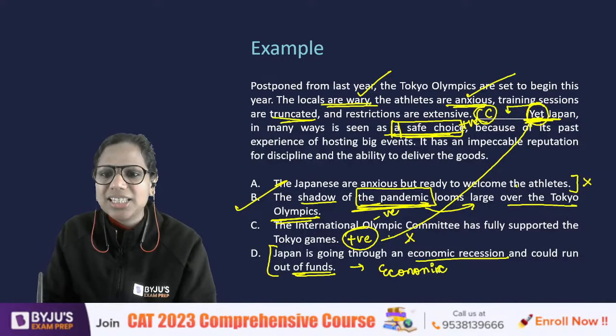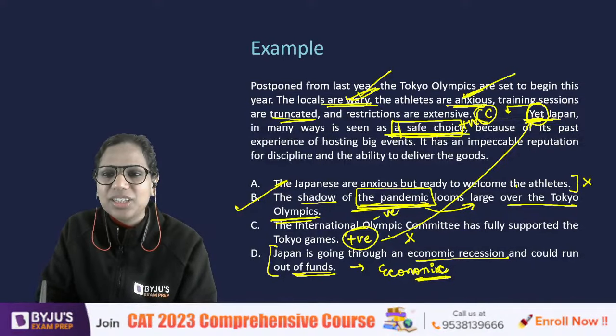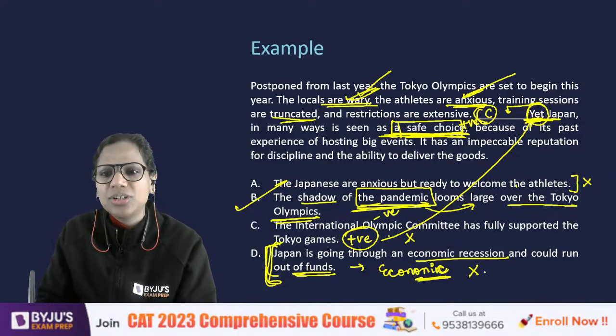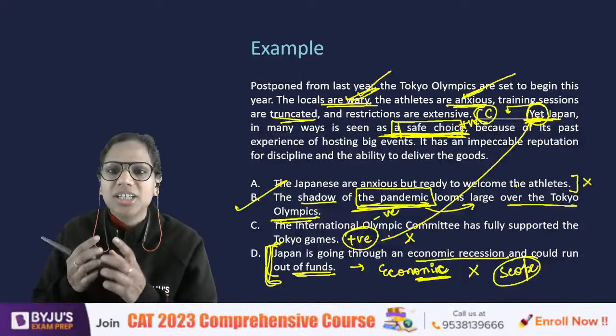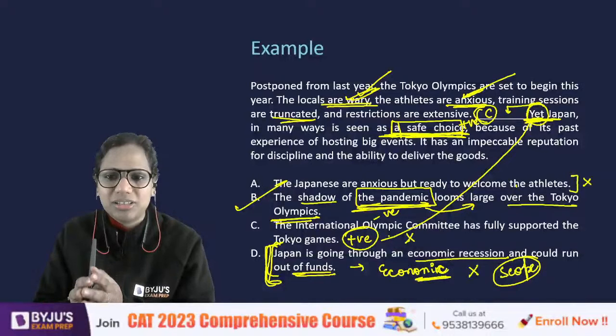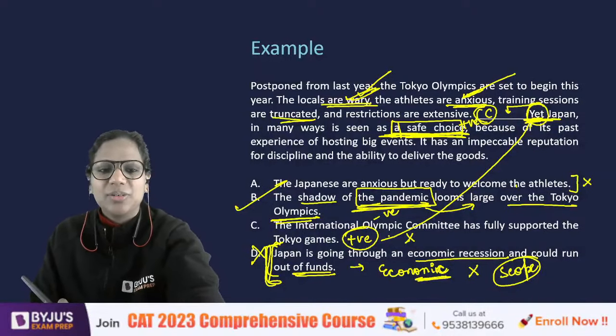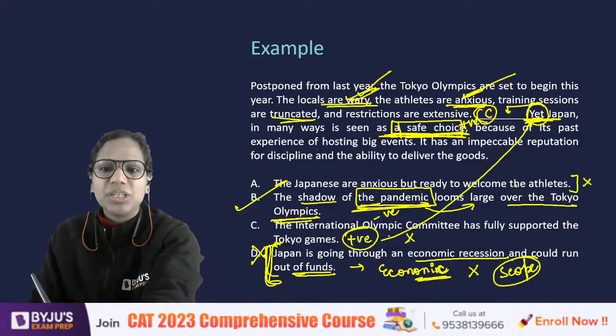Yes. Does that explain why people are anxious and wary? Yes. Does that talk about lack of safety? Option D? It does not. So, this is unrelated in terms of scope. Right now, the discussion is about health, disease, pandemic, not economy. Perfect. So, B is the answer here.